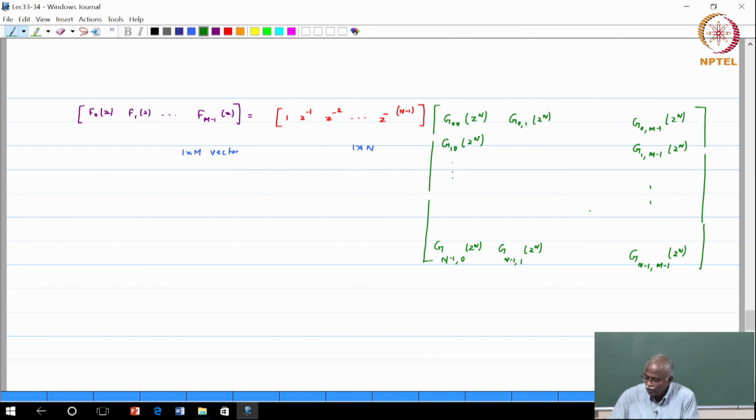Those are the polyphase components of the filter f m minus 1. Okay. Number of columns is m, number of rows is n. So, therefore, 1 cross n into n cross m gives me a 1 cross m, everything is dimensionally consistent.